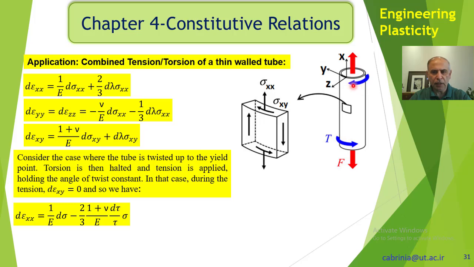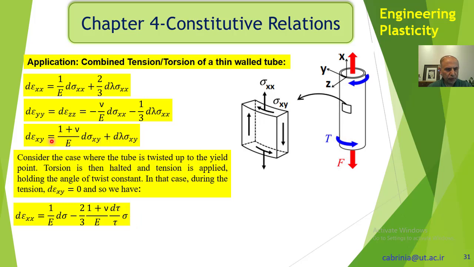The only strain and stress is due to this load which is applied in the axial direction. d epsilon x is equal to 1 over E d sigma, because here we have put sigma instead of sigma xx, and in here instead of sigma xy we have put tau.